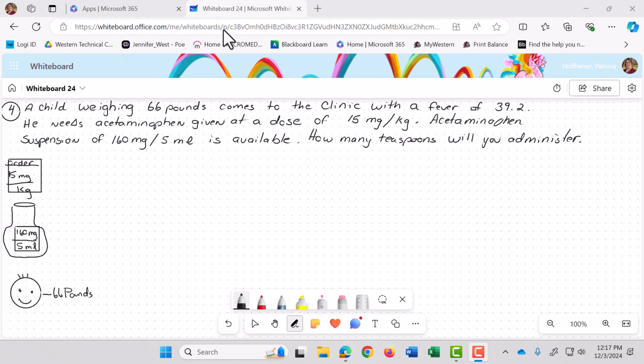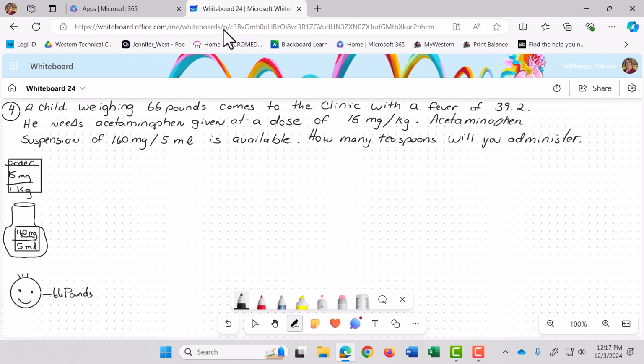So the way I help the students to break this down is I use some very rudimentary imagery, and the order is for 15 milligrams per 1 kilogram. And the bottle that you have is a suspension of acetaminophen, which has 160 milligrams for every 5 ml. And you have a child that weighs 66 pounds.